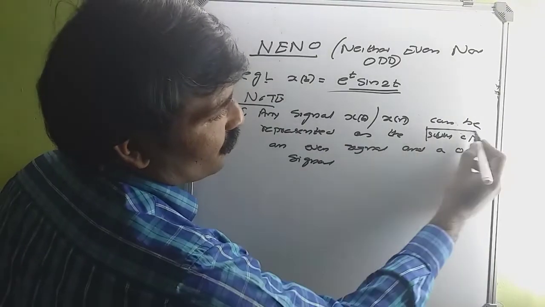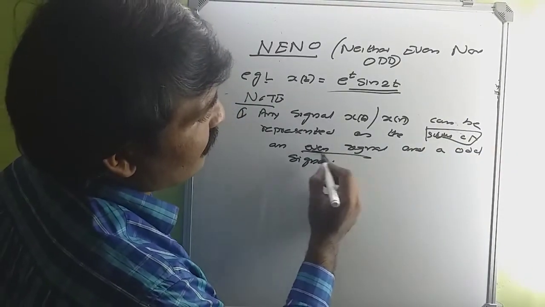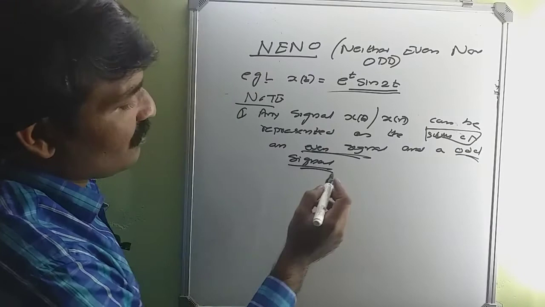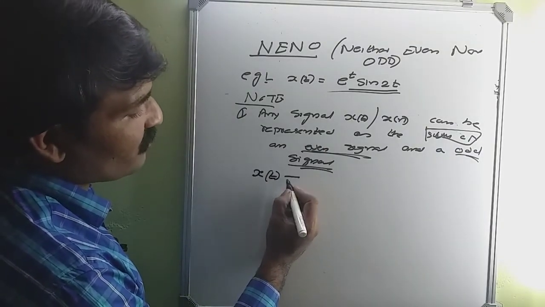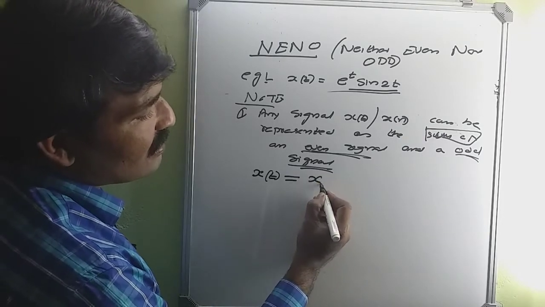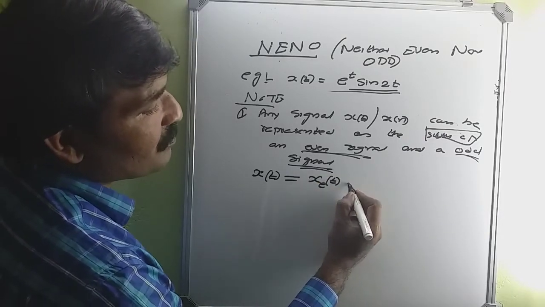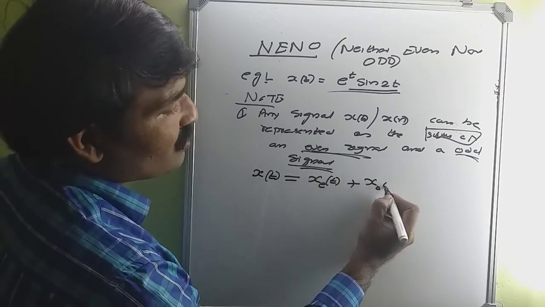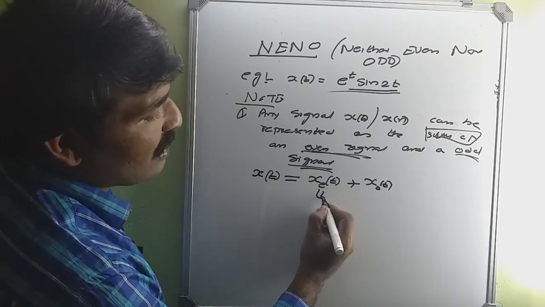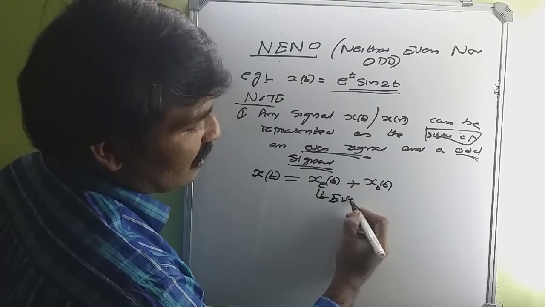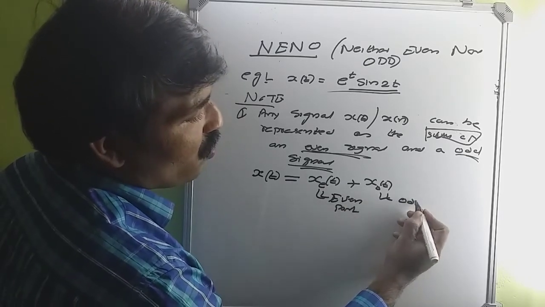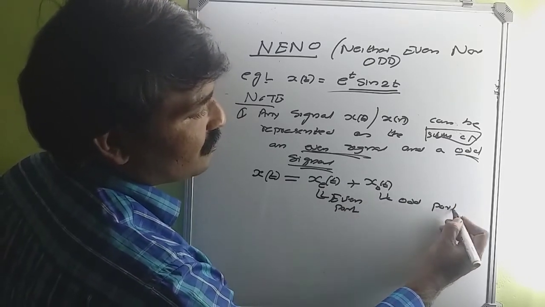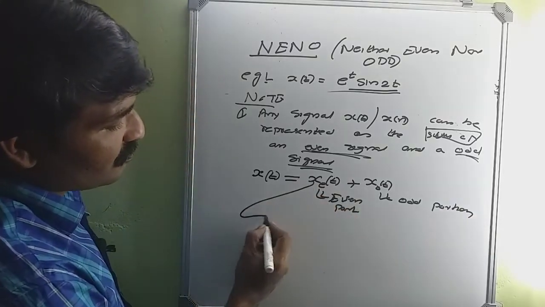That means, suppose x of t is a neither signal, then it can be represented as x_e of t plus x_o of t. This is the even portion and this is the odd portion of the signal.